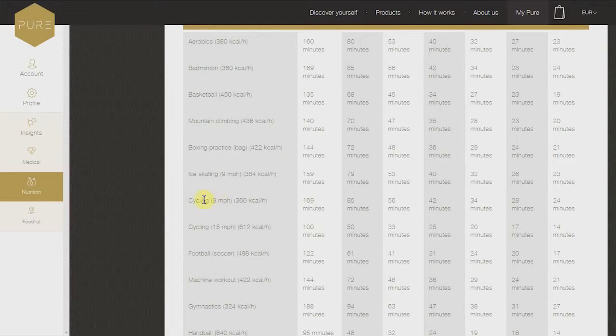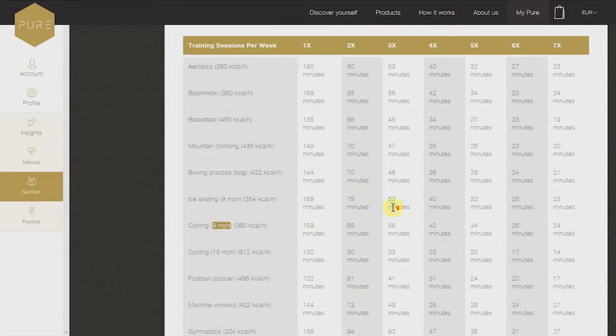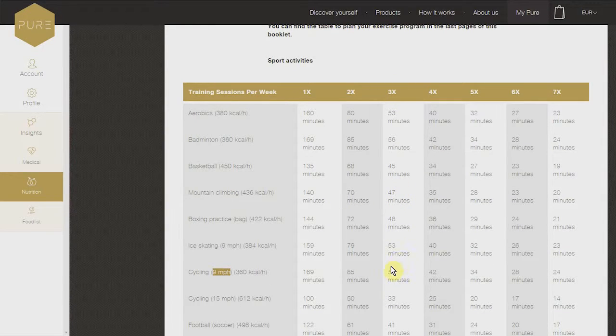So for example, if you like cycling and you go pretty slowly, 9 miles per hour, in the 3 times column, that would be 56 minutes. So you now have the choice of doing 3 sessions of cycling for 56 minutes, so almost an hour. So 3 times 1 hour cycling at a slow pace.